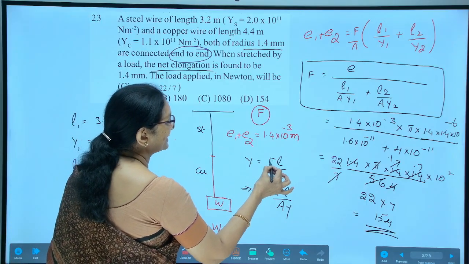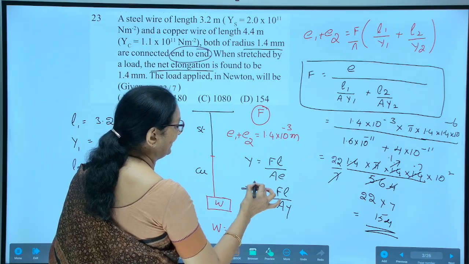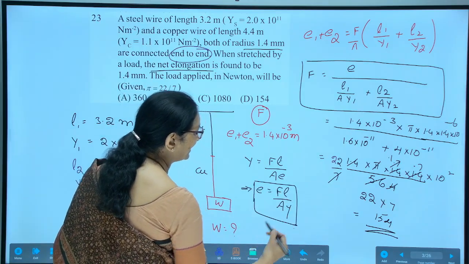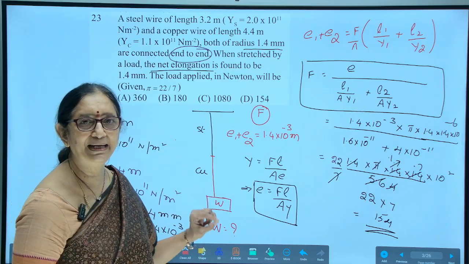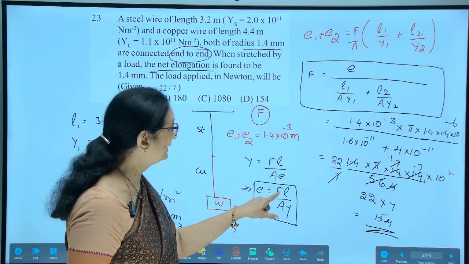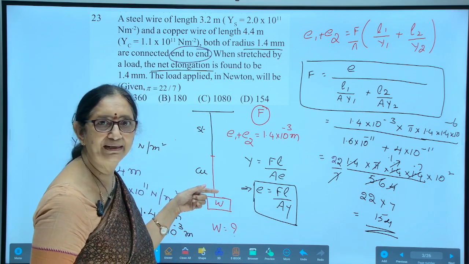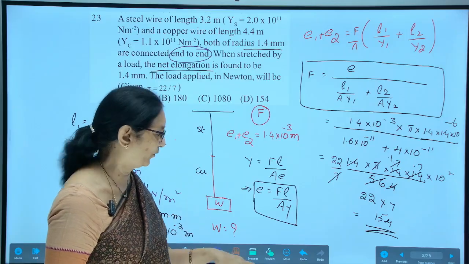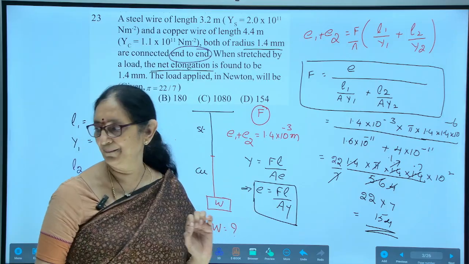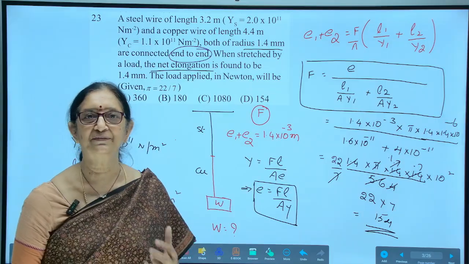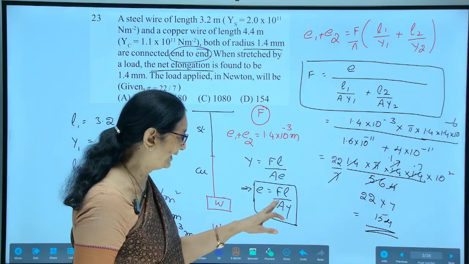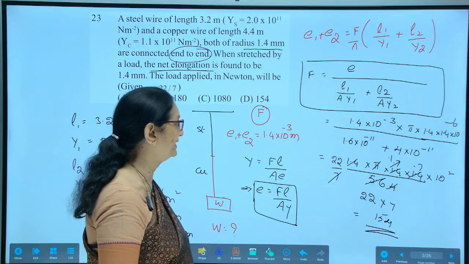We have Y equal to FL by AE, from which E is equal to FL by AY. So F is constant, because in end-to-end connection they experience the same load. And A is same. It is mentioned that both of them have the same radius, hence area of cross section is same.